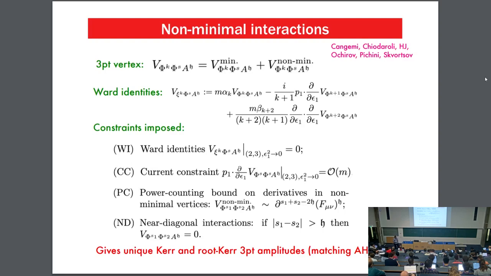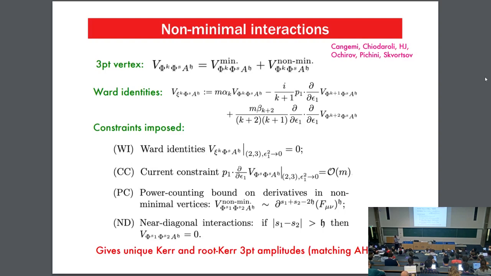Then we also impose some power counting, because if you don't do power counting, you can basically write down anything you want. So we do impose a power counting constraint. Then also, in the gauge theory case, we do gauge theory and gravity at the same time, because we learn one thing from the other and we import it into the other.